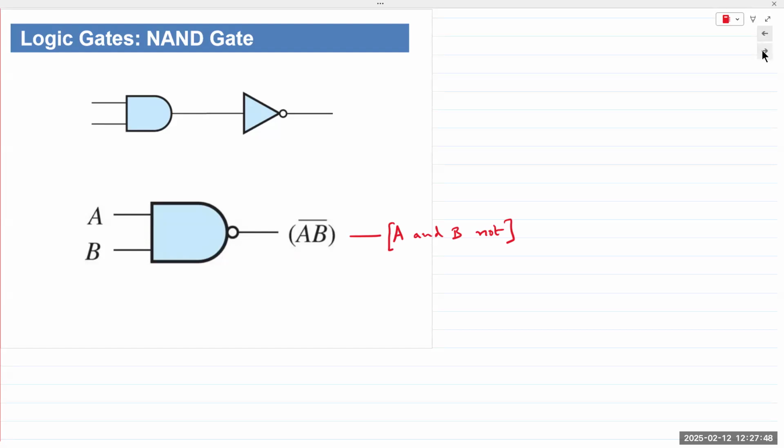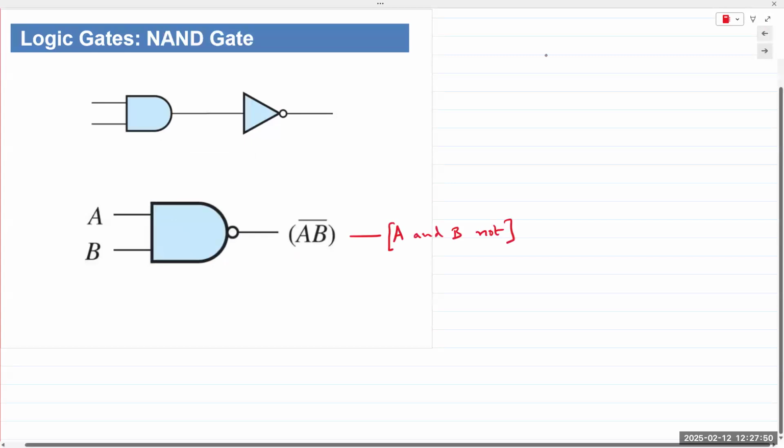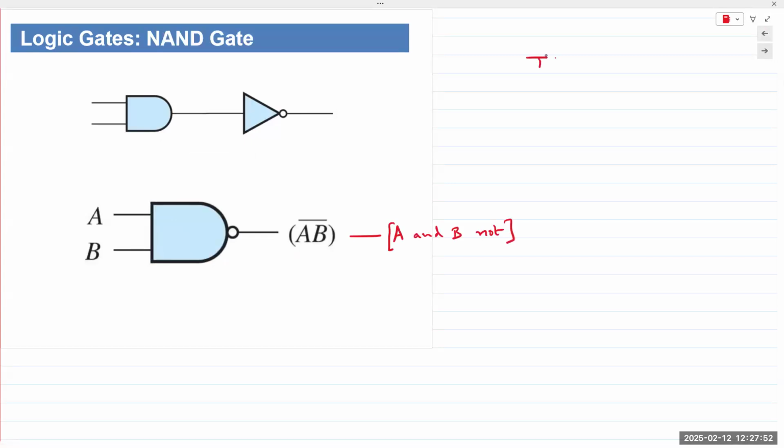And the truth table for this is the exact opposite of an AND gate. Right? AND gate is A and B, so the output was high only when both inputs are high. NAND gate is the exact opposite.